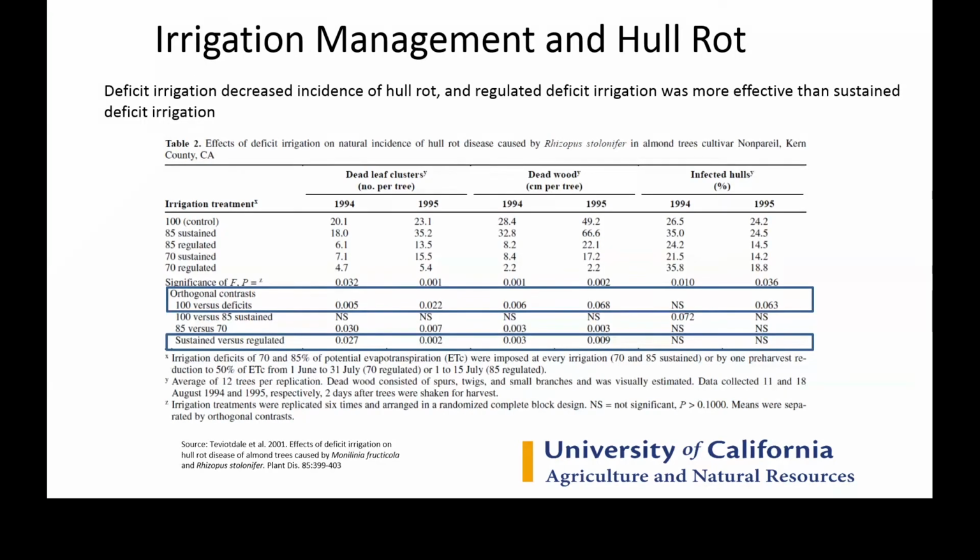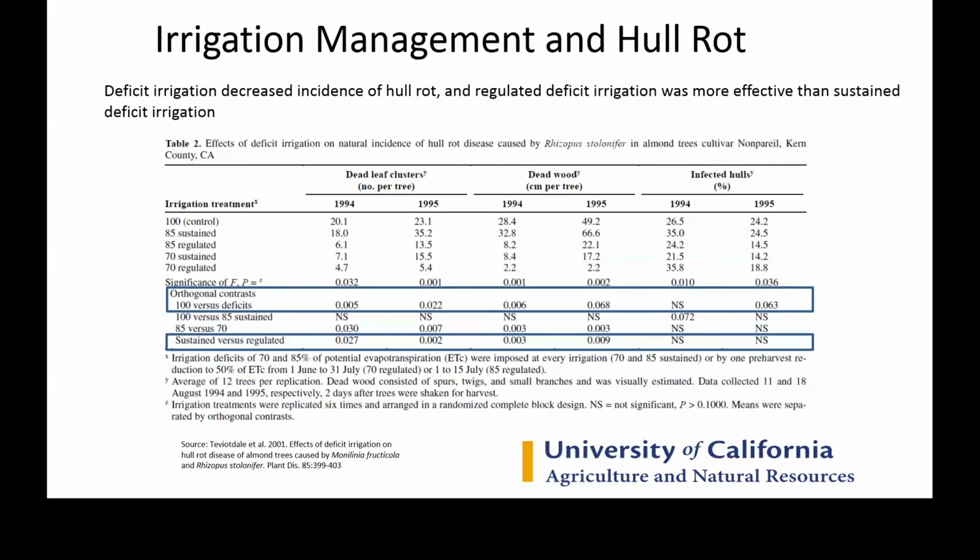In previous work, also, some of the other factors may contribute indirectly to hull rot. During the work that was done by Beth Tovedale and David Goldhammer at the University of California, they actually showed that if you use deficit irrigation, it will significantly reduce the hull rot.